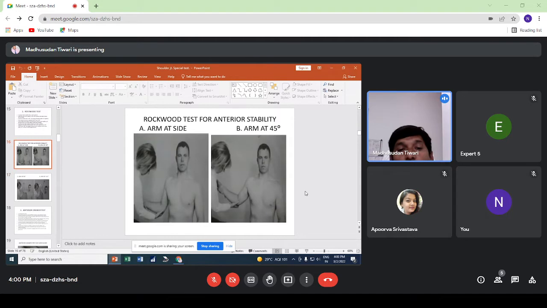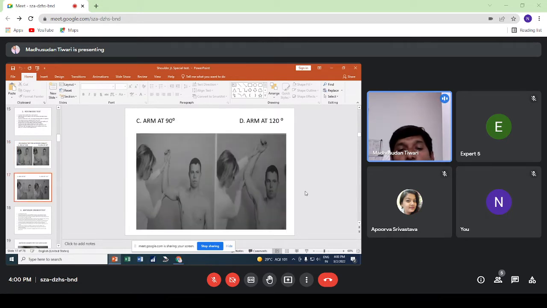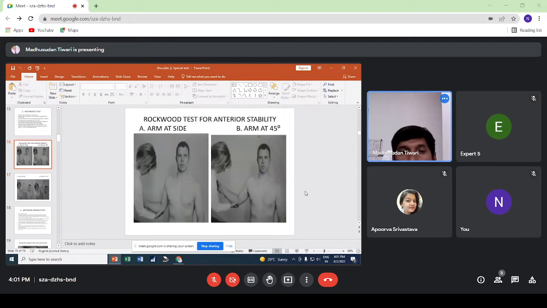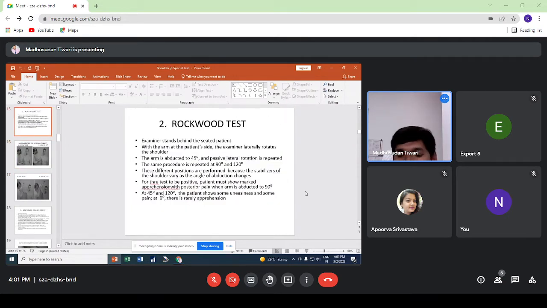Now see, arm at 45 degrees of abduction, at 90 degrees, and at 120 degrees. Along with abduction, the examiner has to externally rotate the shoulder, and during this maneuver the patient will feel pain. This is the sign of anterior dislocation, known as the Rockwood test.